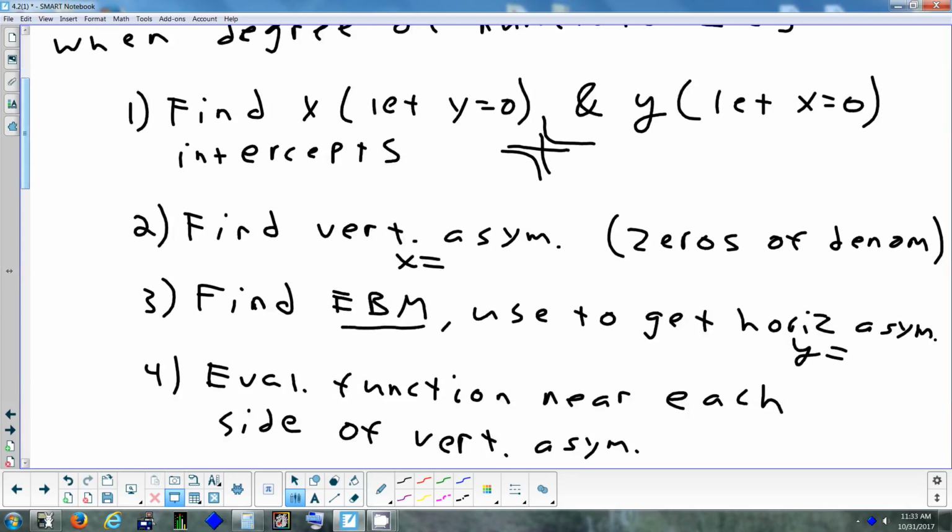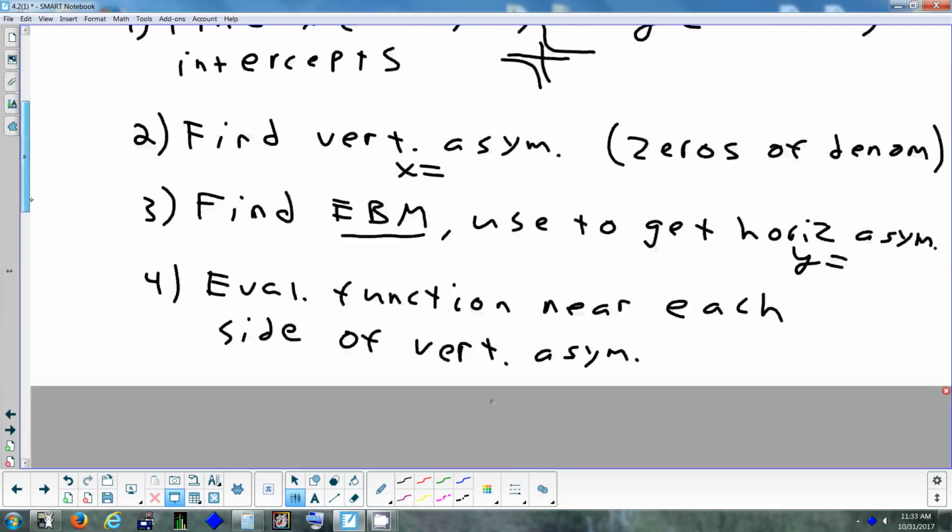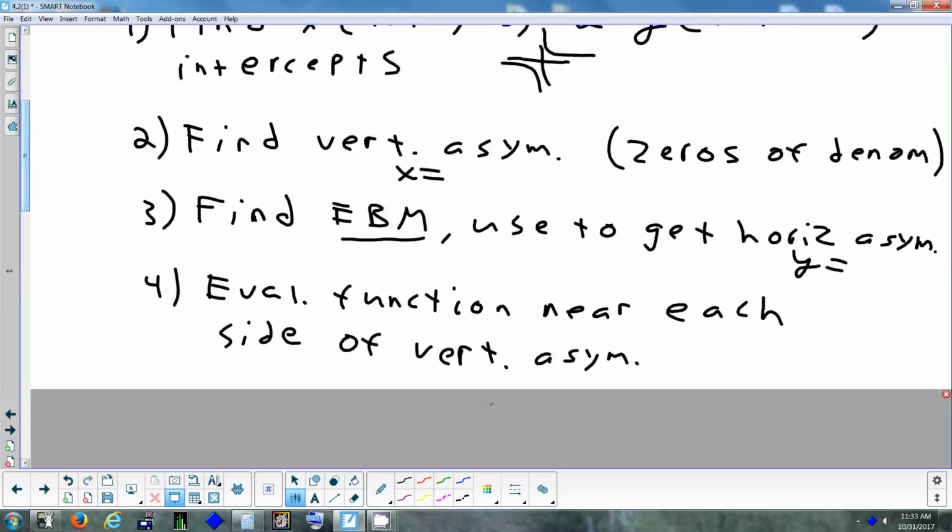And then once you find the vertical asymptote, like let's say your vertical asymptote was at 2. We're going to use the graphing calculator to check in the table what happens close to 2. You can't check 2. 2 is going to give you an error. That would be like divide by 0. But we'll check something very close to 2, like 1.99, and see what happens.